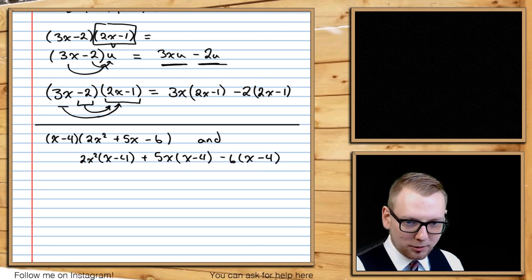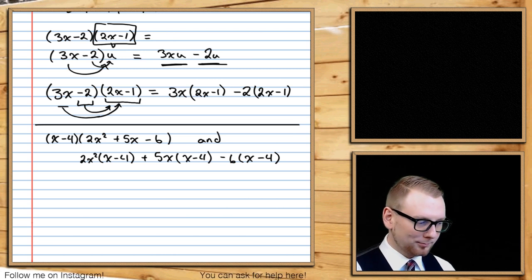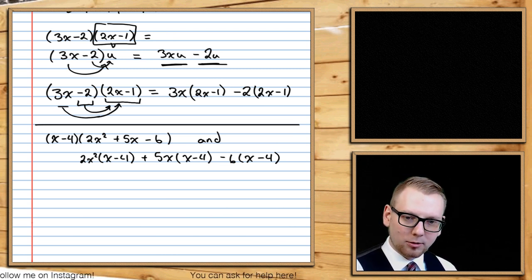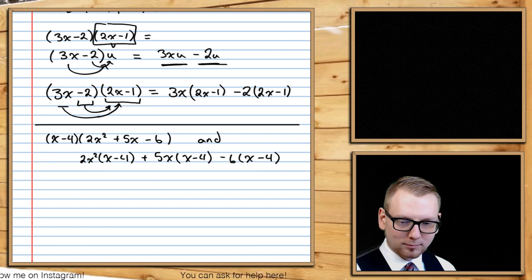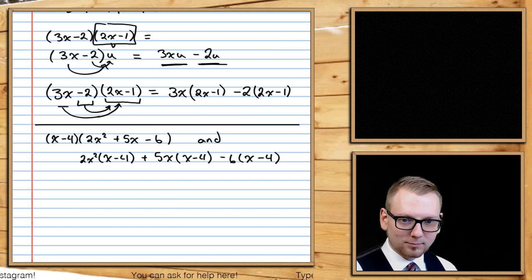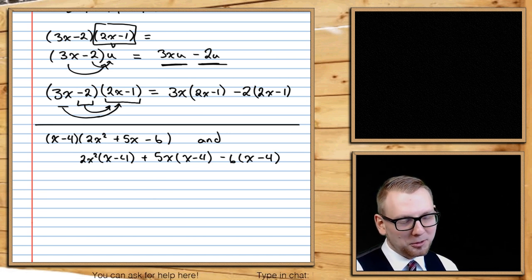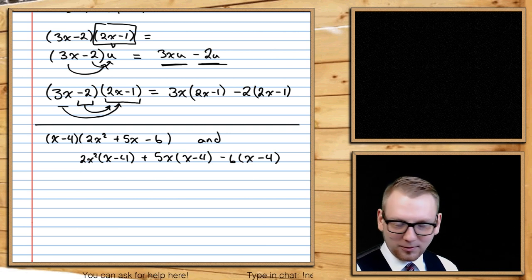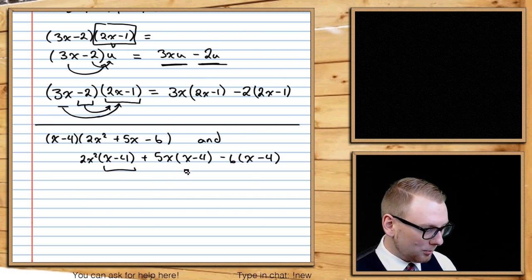Okay, which direction do you want to go? Do you want to try the factoring or the distributing? Well, we just did both, so we could do the first way where we factor out the x minus 4s.